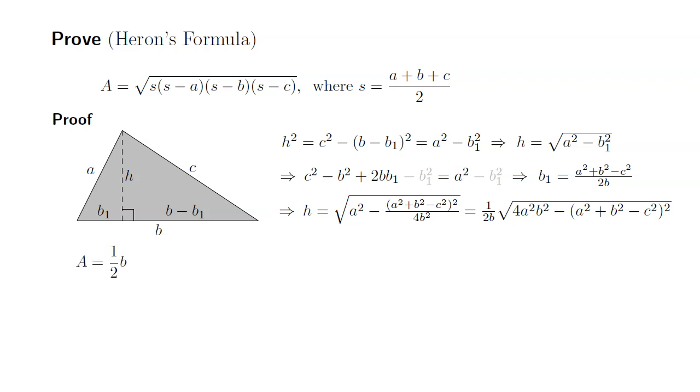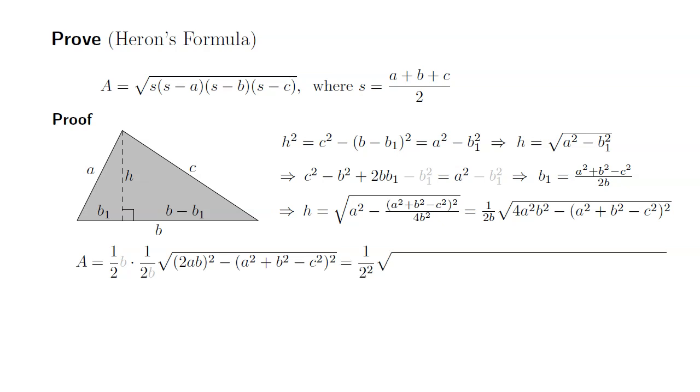So area is 1/2 base times height. The height we just found, so we put that expression there. You can see that there is a common factor here, so I'm going to cancel those out. Then 1/2 times 1/2 is 1 over 2 squared, and a square root.